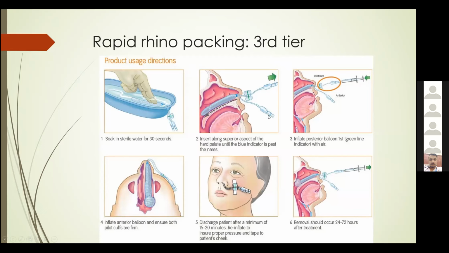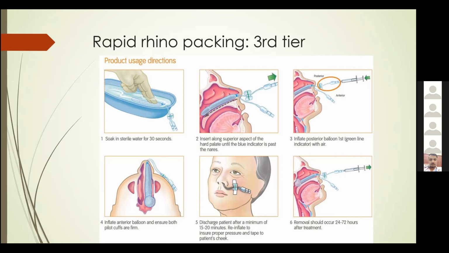You inflate the posterior bit first, followed by the anterior end, with something like 2 to 3 cubic centimeters of air, and the patient will be telling you that they're in a lot of pain as you pump in that little volume of air.